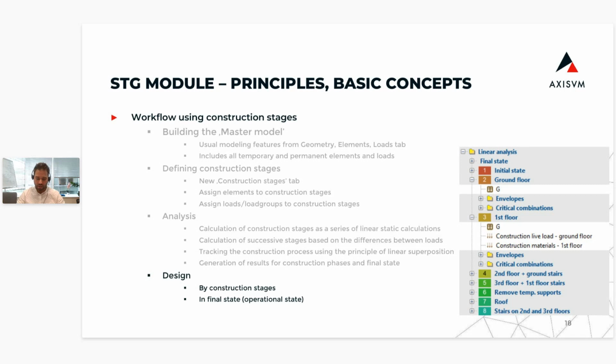Not all design modules are available for construction stages, but the main ones, like the reinforced concrete modules, for example slab reinforcement, column reinforcement, beam reinforcement, are all available. And for steel design and timber design, these modules are all available for the construction stages as well. But the whole range of design modules is available in the final state, where all of the loads are acting which are present in the operational state of your building.